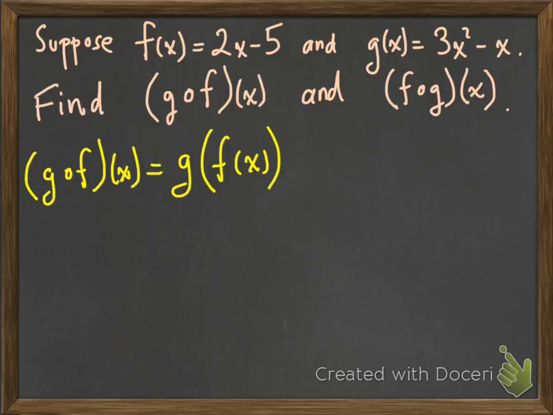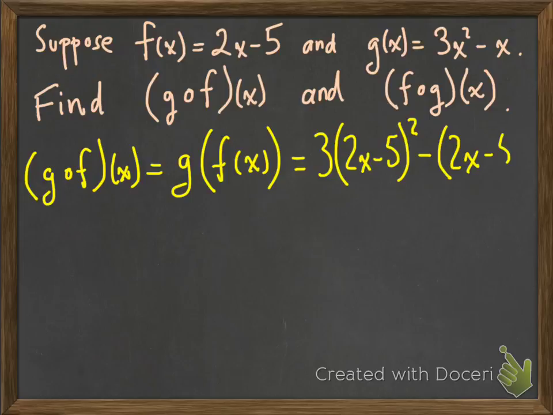Okay, so look up again at our functions there. f of x is 2x minus 5, and we're going to use that expression, 2x minus 5, as the input into g of x. And so what that looks like when you spell it all out is 3 times (2x minus 5) squared minus (2x minus 5).